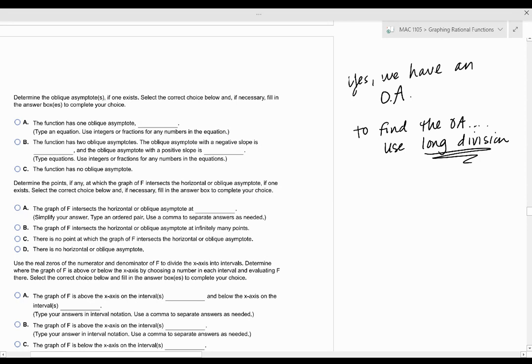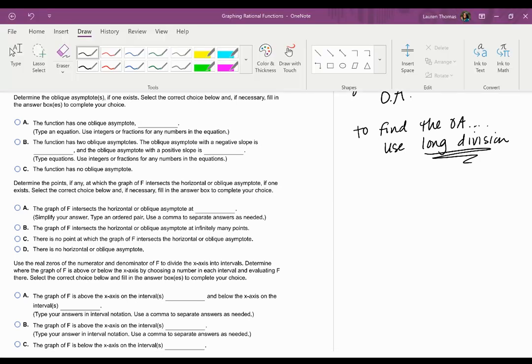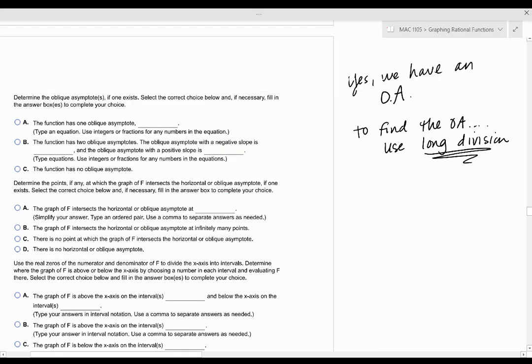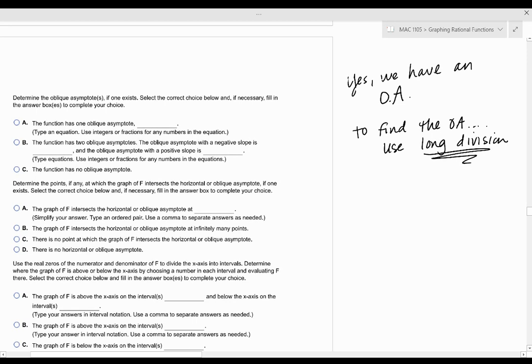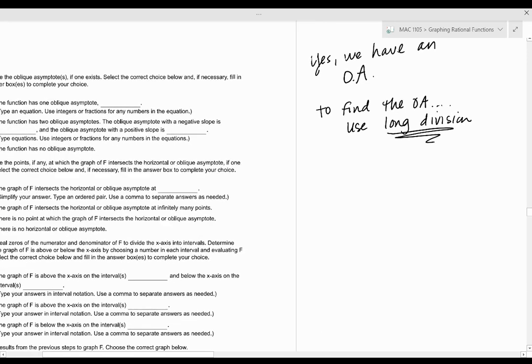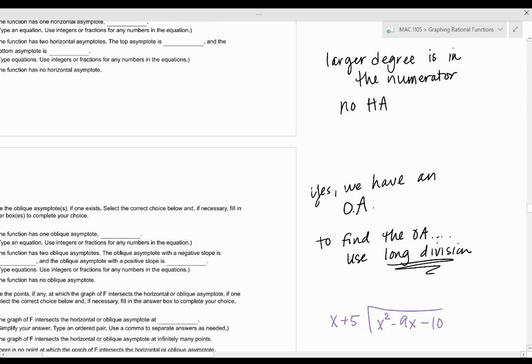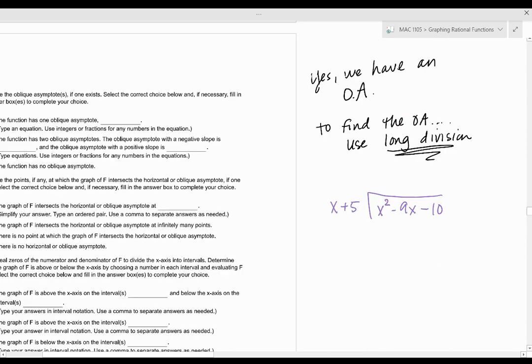So we need to set that up. Let's change colors. We're going to divide the numerator by the denominator, so we're going to have x squared minus 9x minus 10 divided by x plus 5. Did I write that correctly? Yes.